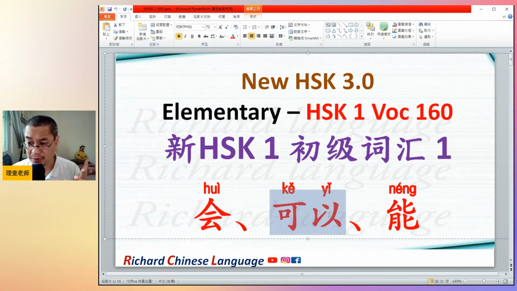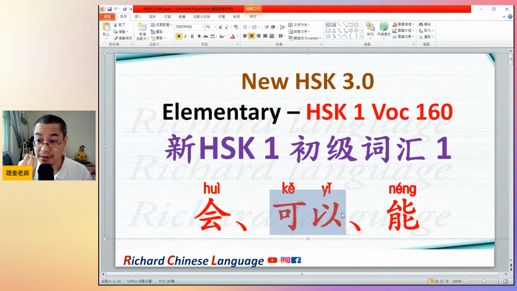Because it's so difficult to pronounce two words with the third tone. 可以, that's too difficult for us to pronounce. That's the reason why for the first word, we will have a change of the tone, from the third tone to the second. So I should pronounce 可 in the second tone. 可以.